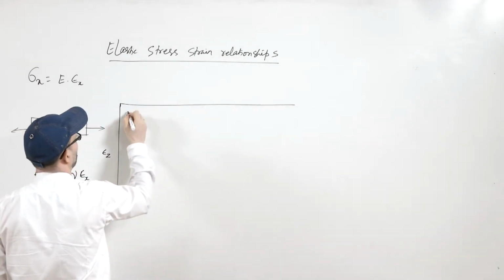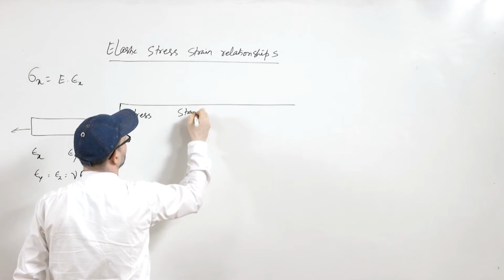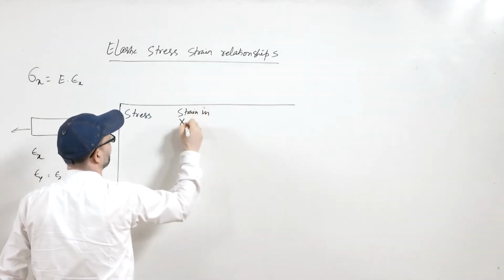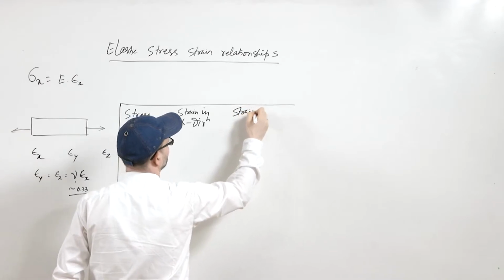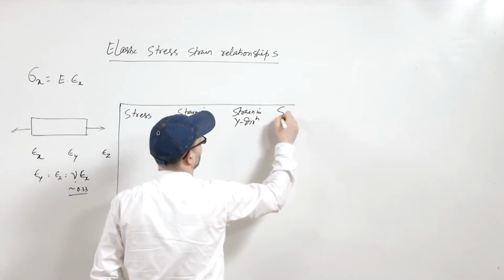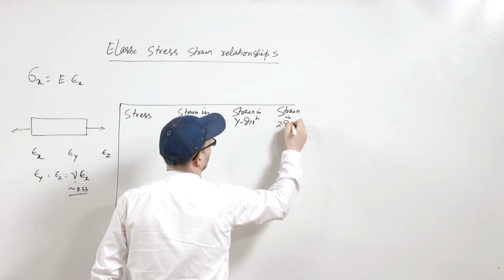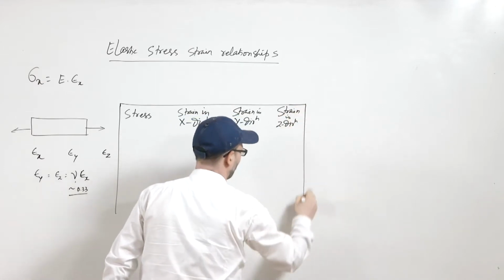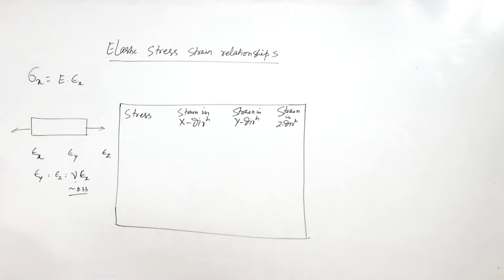so if you have stress and strain in x direction, and then strain in y direction, and then strain in z direction. Now, you can finish this table.